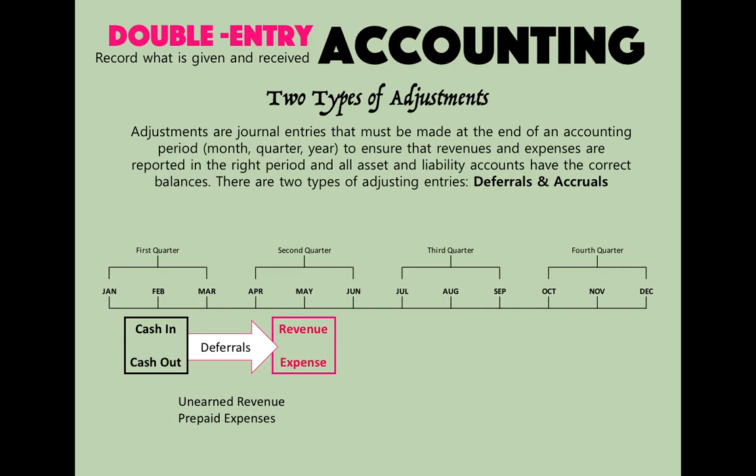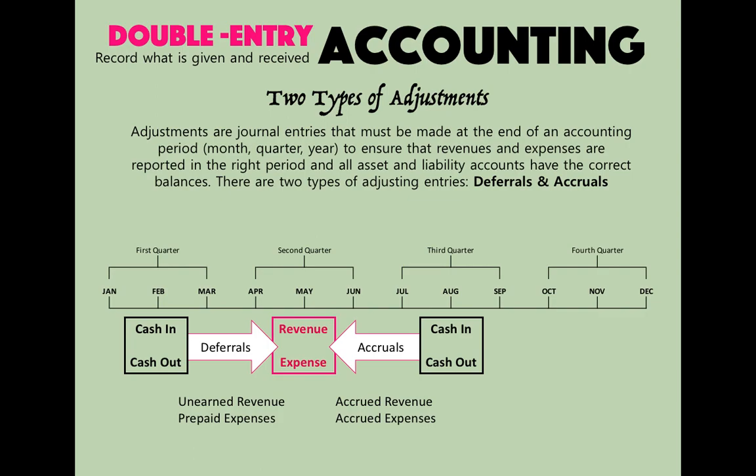Now, accruals are different. Accruals, we say, well, we earn the revenue in the second quarter, but we're not going to get the money until the third quarter. Or we incur the cost in the second quarter, but we're not going to pay the cash until the third quarter. But the revenue and expense have to be recorded in the second quarter. So those are what we call accrual adjustments.